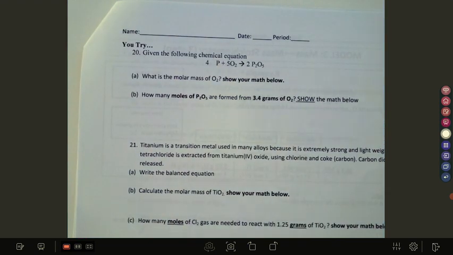All right, let's look at this one. They again use that same equation, which is nice. They want to know the molar mass of O2, so it's 15.999 times 2.